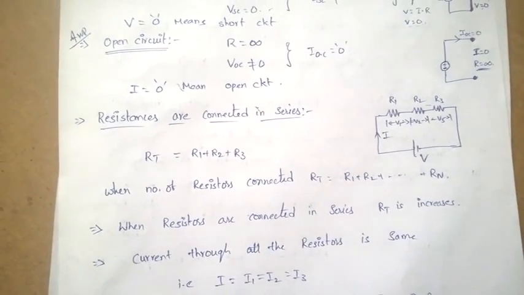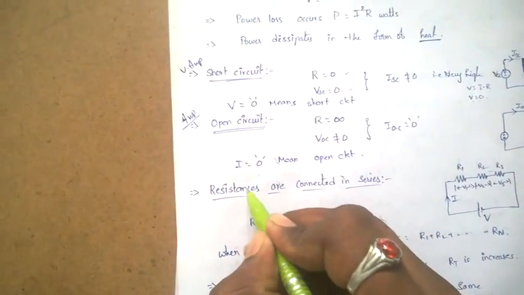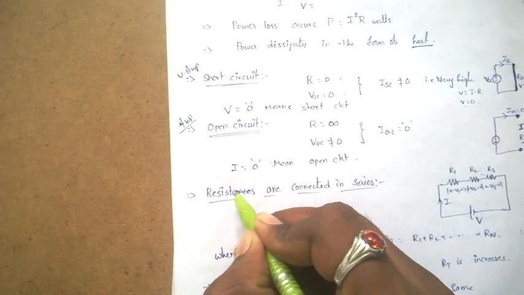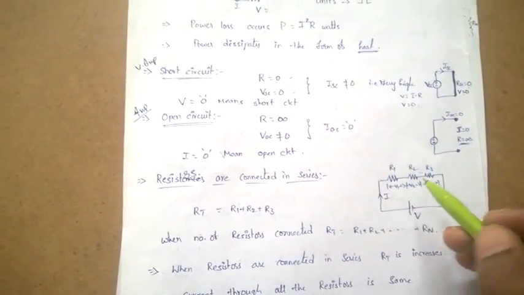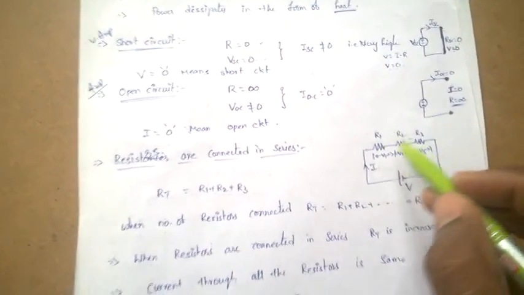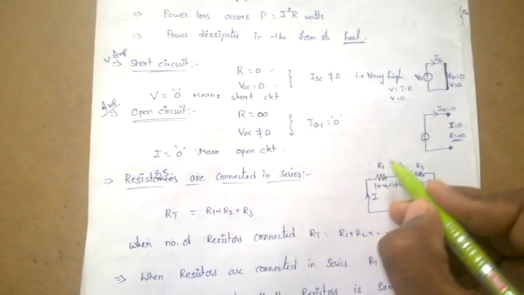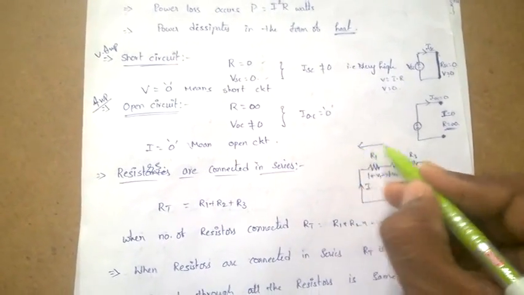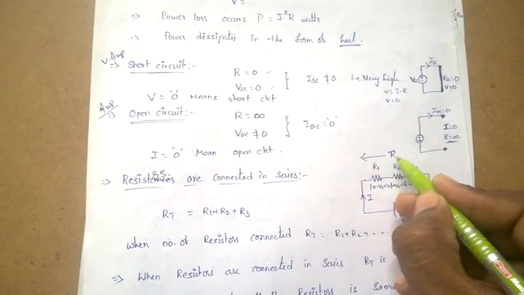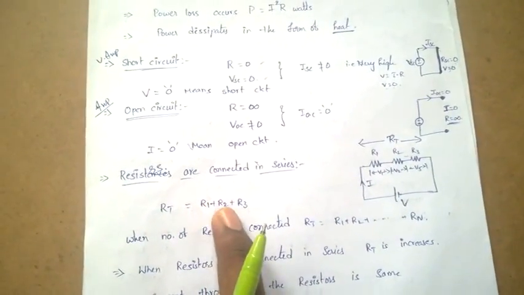Next one: resistors connected in series. If the number of resistors are connected in series, for example, three resistors R1, R2, R3, the total resistance RT equal to R1 plus R2 plus R3.